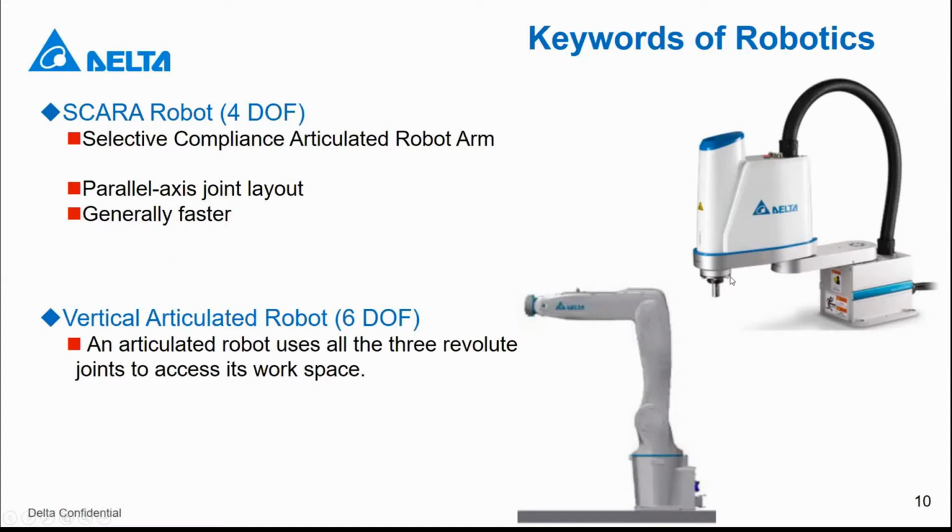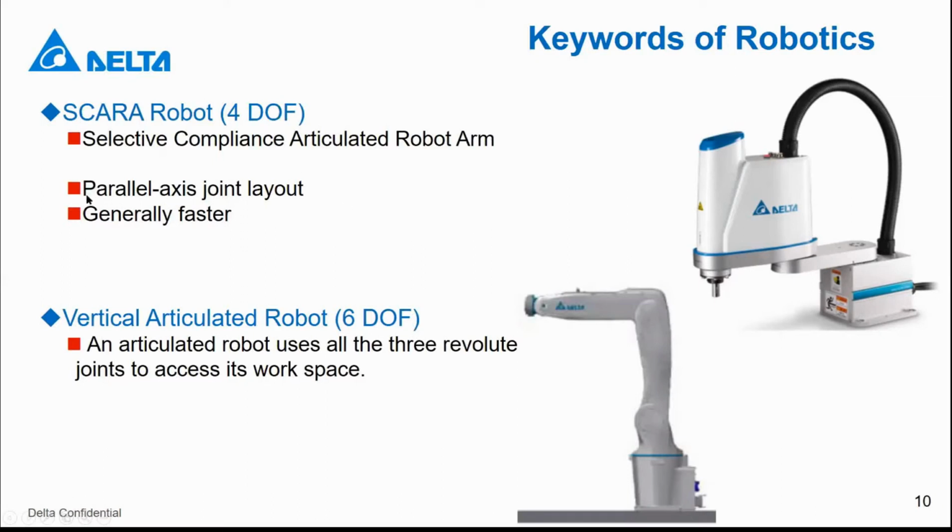Because in the 4 degrees of freedom, the end effector can only have compliance in the XY plane. So that's why we say it's selective, because only the XY plane has compliance, not all directions, like in Z, which doesn't have compliance.